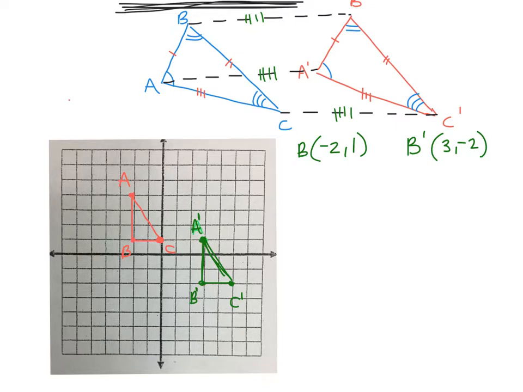Your x value changed from -2 to +3. How many units is that? 5, right? We were at -2, we moved to +3, so we went 5 units. So it was our x value plus 5. And then our y value went from a 1 to a -2. How many units was that?